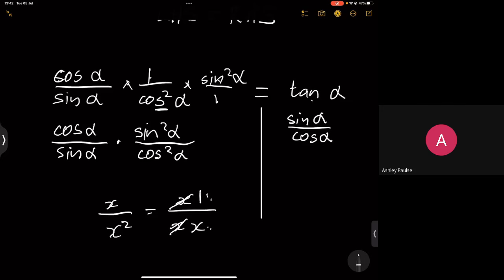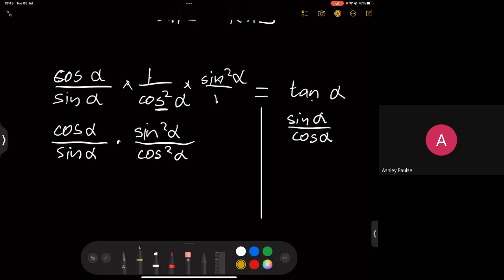Yes, sir. Okay. Now, I'm trying to show you in this case, and this is for all of us, you've got cos of alpha and you've got cos squared of alpha. So one of the cosines would cancel one of the cosines in your square, so that you're only left with just cos of alpha without the square.